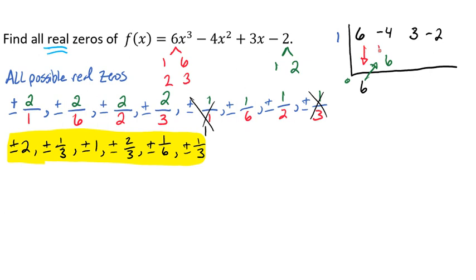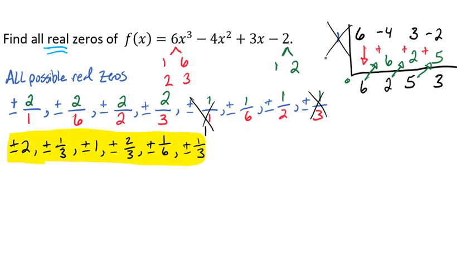Then we add, and that gives us a 2. We multiply, 2 times 1 is 2, and add, which gives us a 5. Then 5 times 1 is 5, and we add, and we get a 3, which is not 0. So 1 is not a solution.